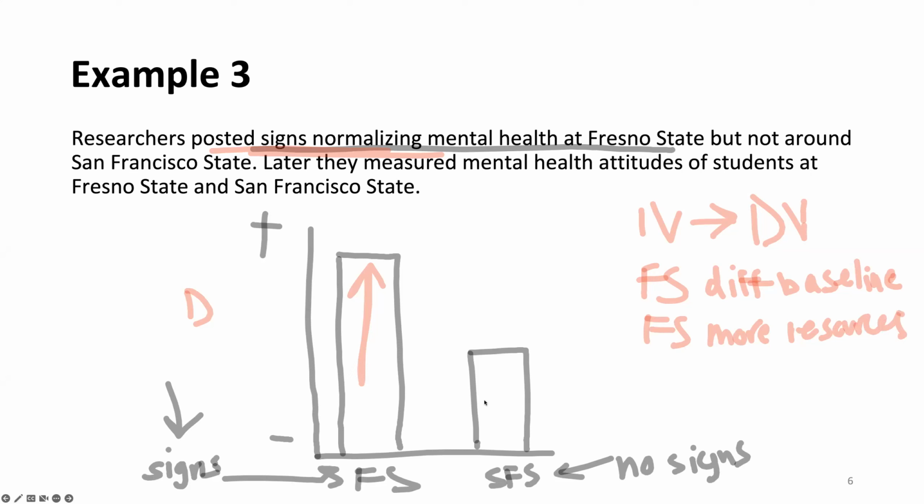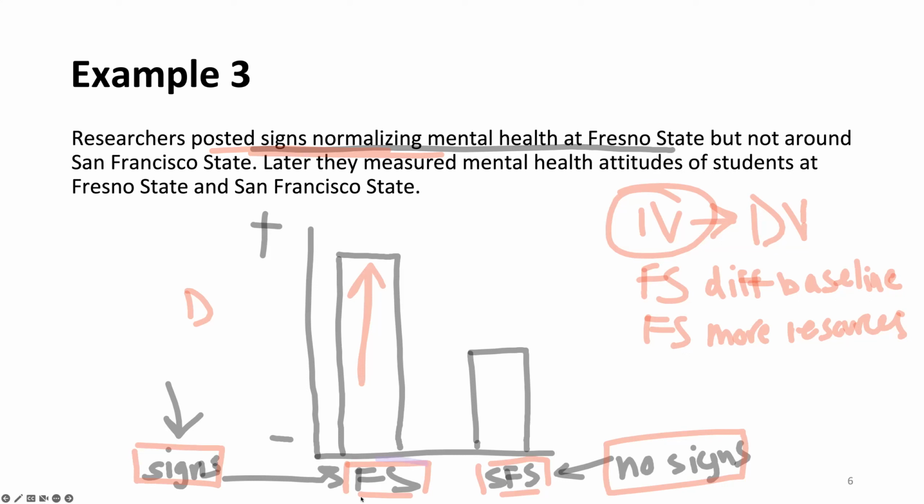There's a lot of different potential differences between these two groups. And so it's not just a difference between signs and no signs that we're looking at. It's a difference between signs and no signs and group differences. So how do we know that it's the independent variable that had an effect on our dependent variable?